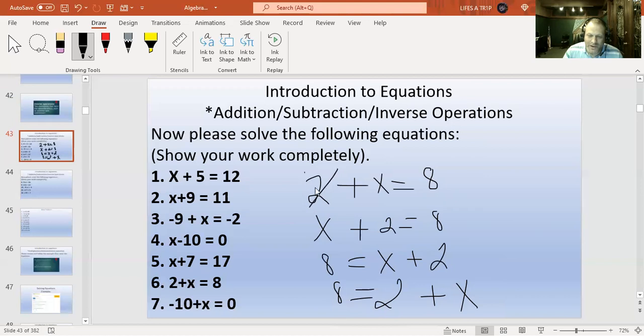We need to eliminate the 2's and bring it to the other side.